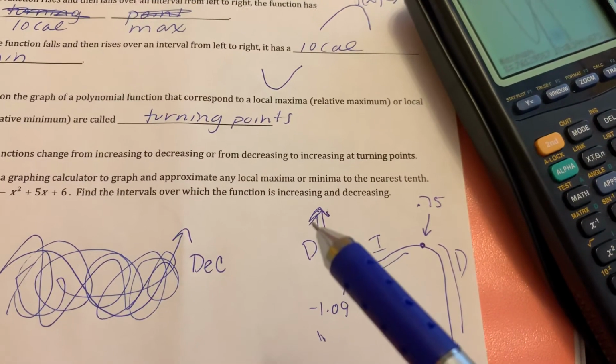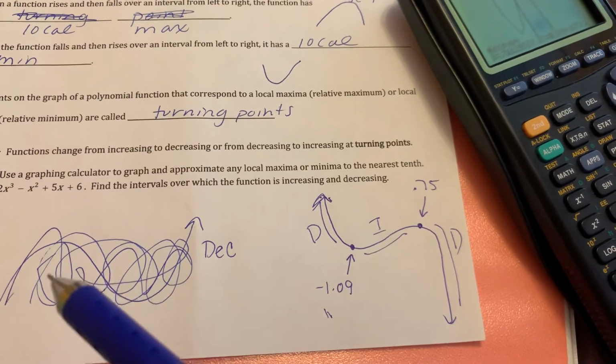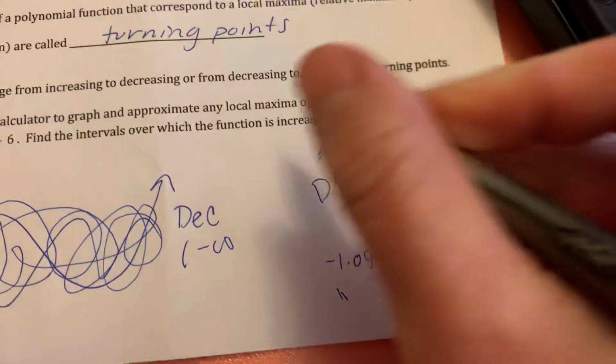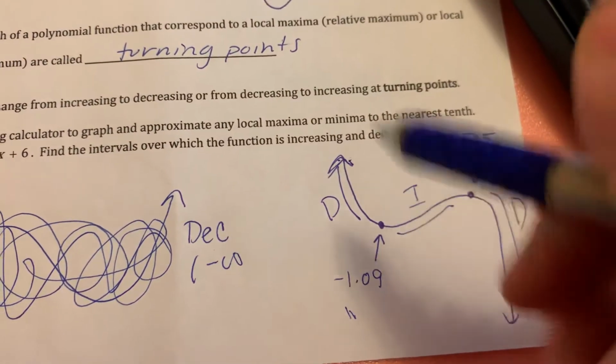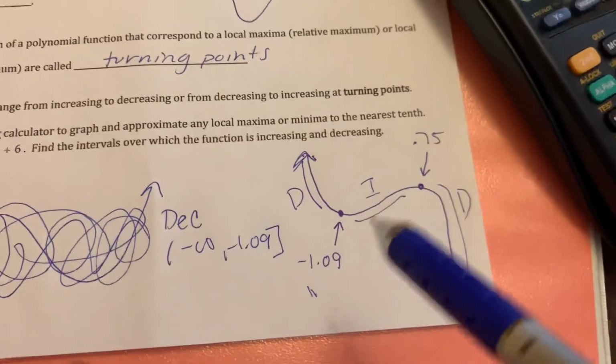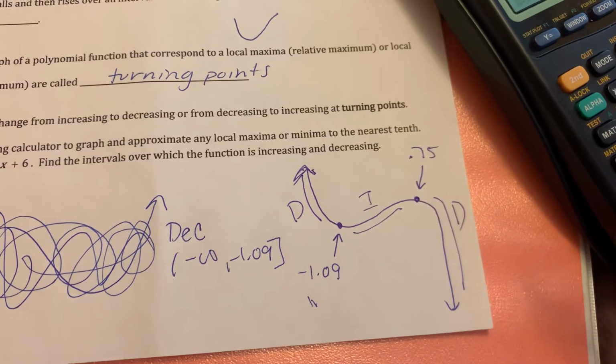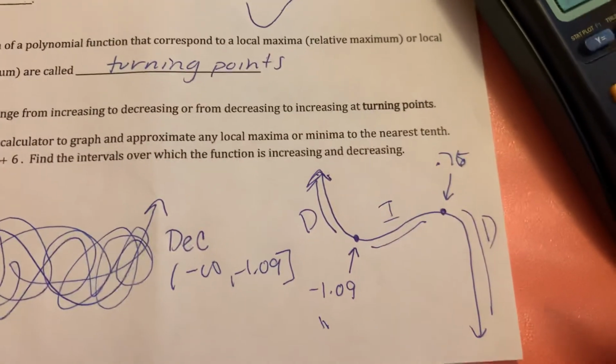Well, the arrow's continuing, so where did we start from? -10, -300. We started from -infinity, and we stopped decreasing until -1.09. And then from -1.09 to 0.76, we increased.